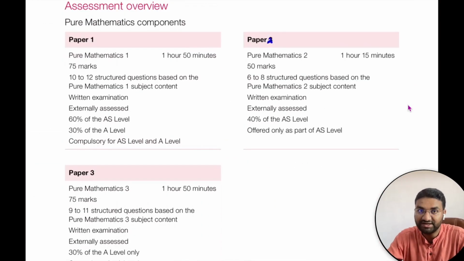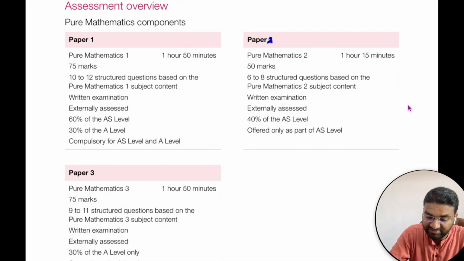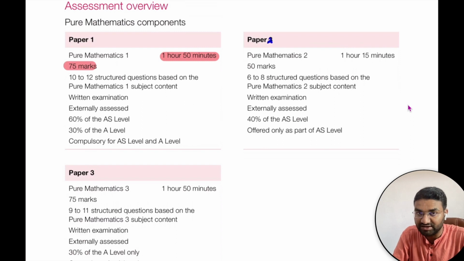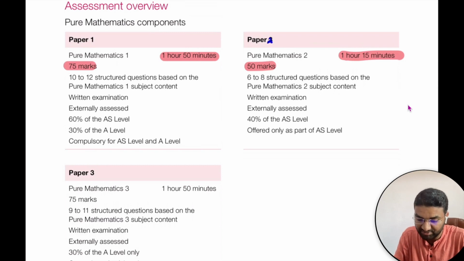Now understand the overall assessment of Pure Mathematics P1, P2, P3, then S1, S2 and Mechanics. P1 is 75 marks, a 1 hour 50 minute paper. Pure Mathematics 2 is just a 50 marks paper, 1 hour 15 minutes.